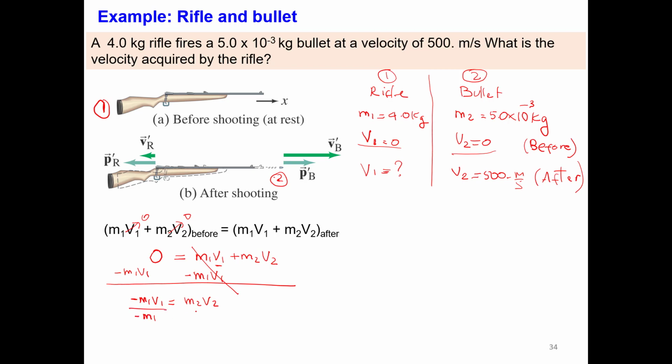Then we want to solve for v1, so we divide by mass 1. This is the mass of the rifle, negative, because we want to solve for the velocity of the rifle. Then finally, we had the velocity of the rifle equals to negative.